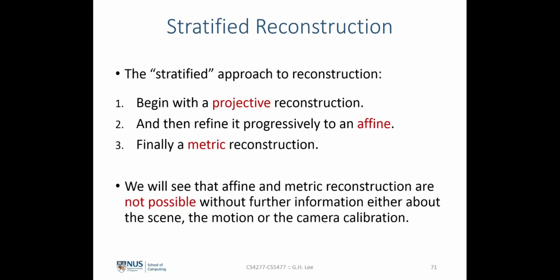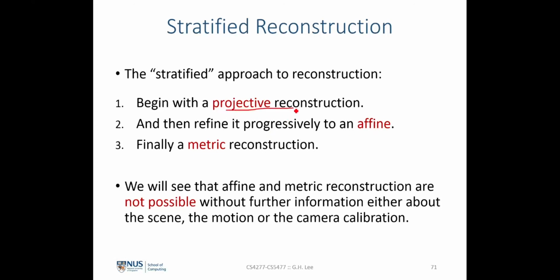Now, we'll introduce the stratified reconstruction to remove the projective ambiguity in the reconstruction from the camera matrices that is obtained from the fundamental matrix. As we have seen earlier on in the first few lectures, the stratified approach simply means that we're going to remove the projective ambiguity in a two-step approach.